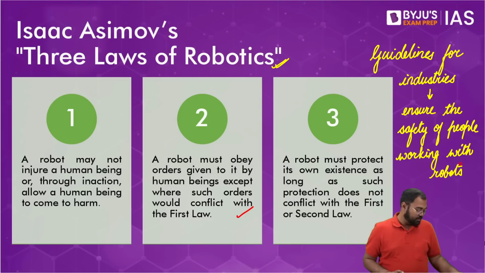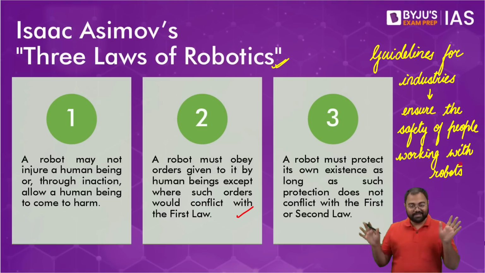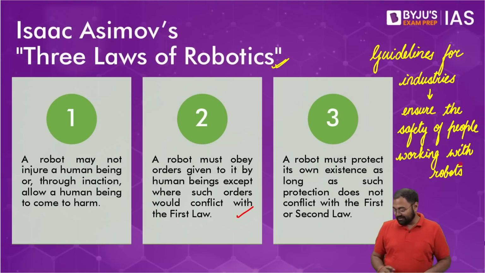In a lot of science fiction based films, these kind of laws actually have been used, where you'll see the violation of those laws also happening. And I'm sure you know the names of the films where you have seen the violation of these laws. Explicitly, there is a film called I, Robot.